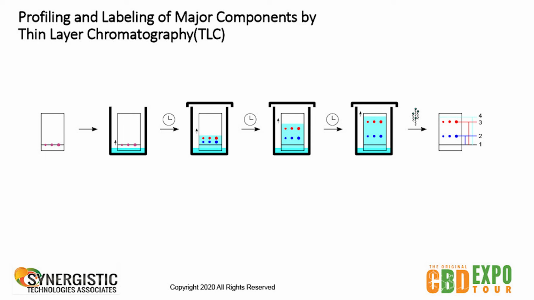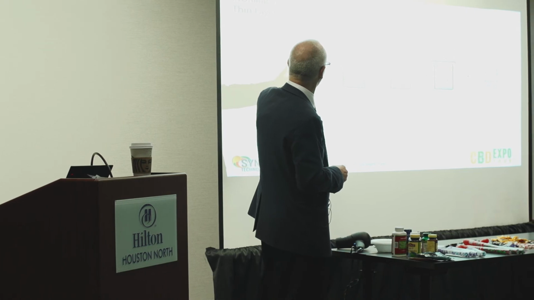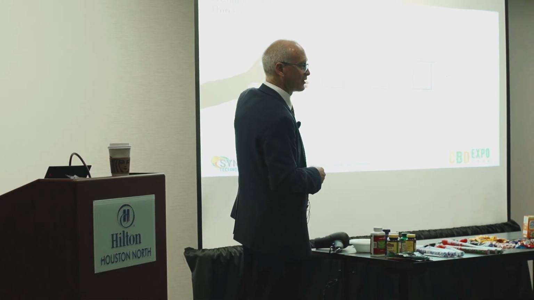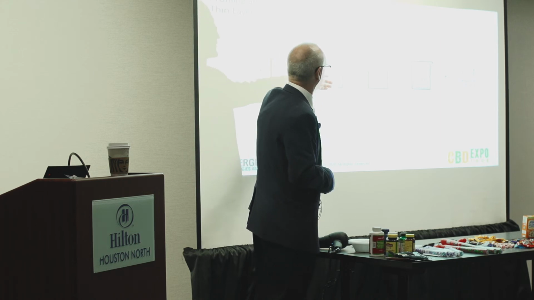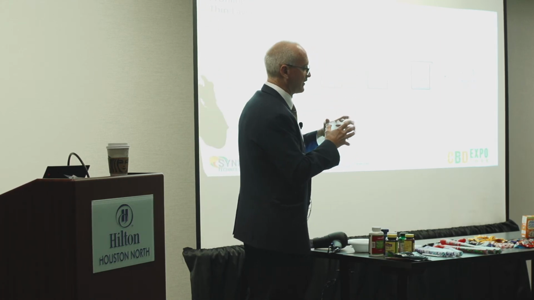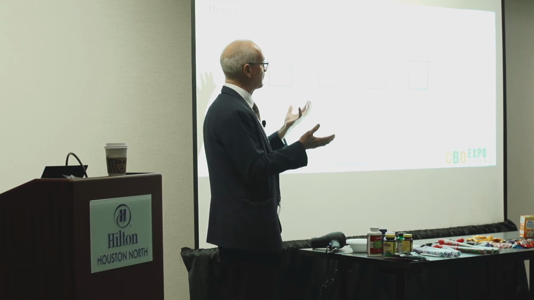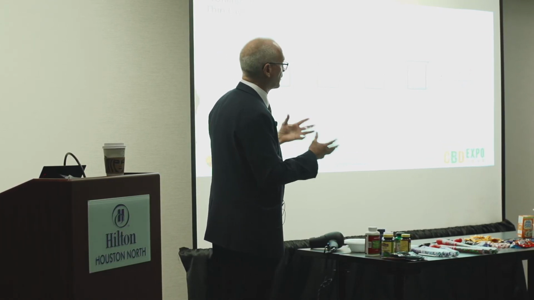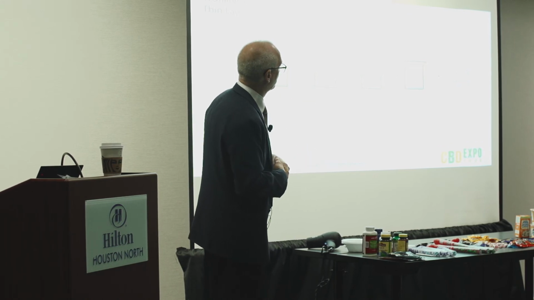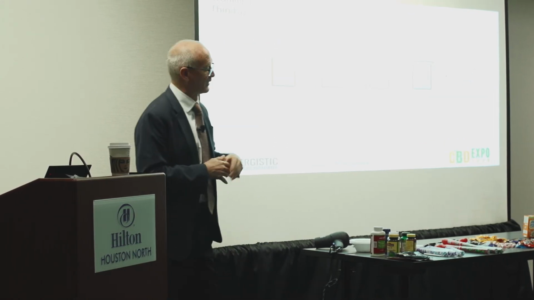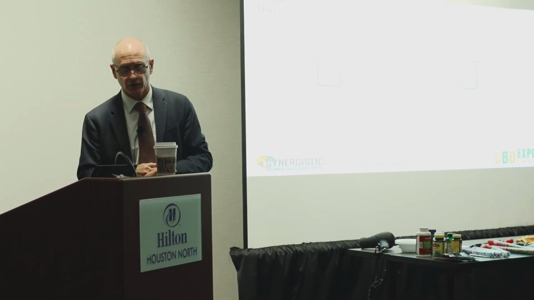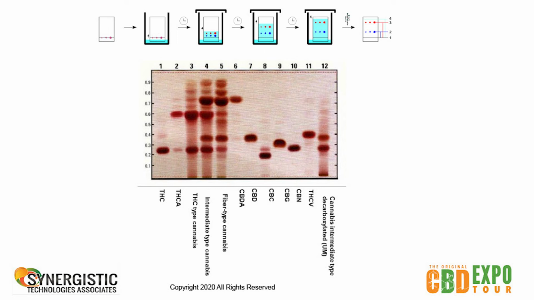Then as the solvent moves past this, just like a tie-dye shirt, it starts to move up, and the further it moves up, because of the difference in the chemistry, the same way with your blue versus red on your tie-dye, one's moving faster than another. When it reaches the end, you can measure where those peaks go, and they're always going to go at the same rate, because the blue and the red are always going to be at the same rate. Now this is a product out of Oregon that you can use.